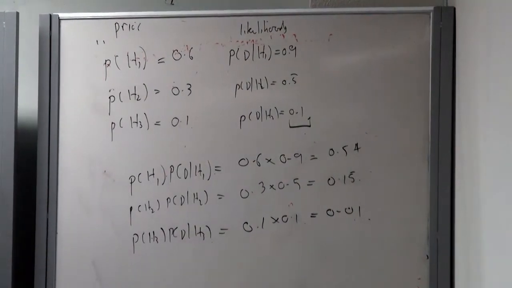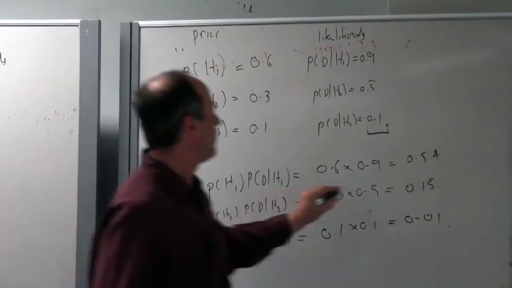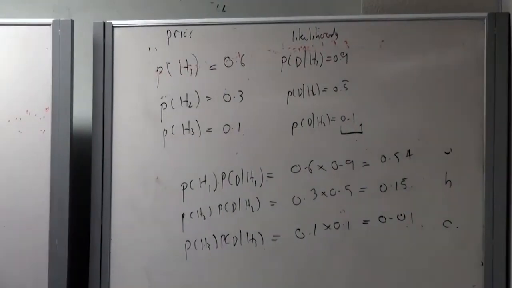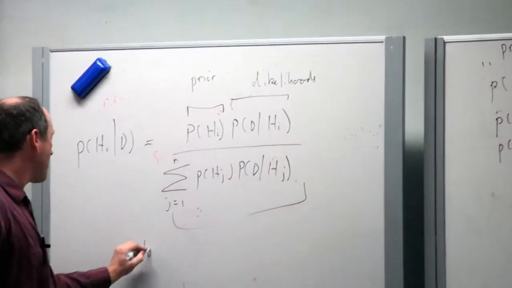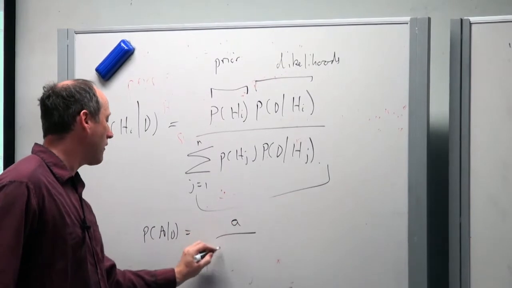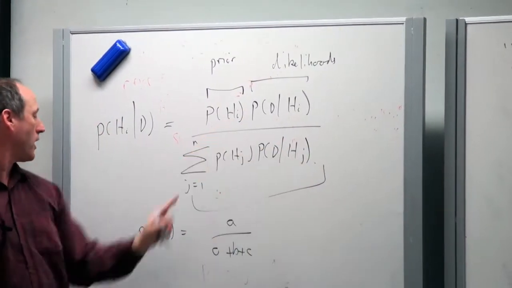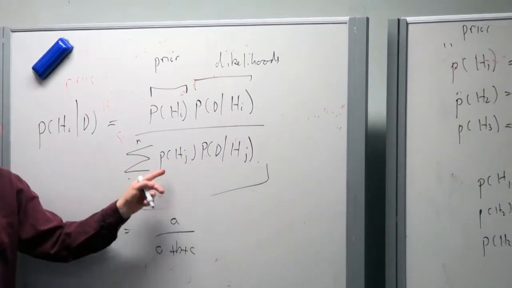Okay. So we just write that, and I'm just going to call this A, B, and C. And just expanding the denominator means that the probability of A, given the data, is A over A plus B plus C, because the numerator with i equals 1 is this one here, and it's just the sum of the other two.